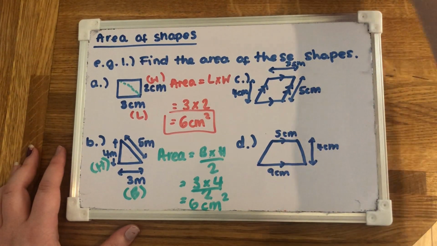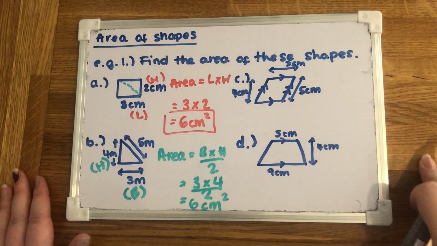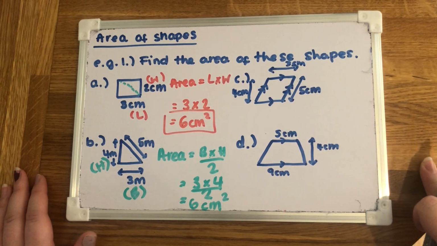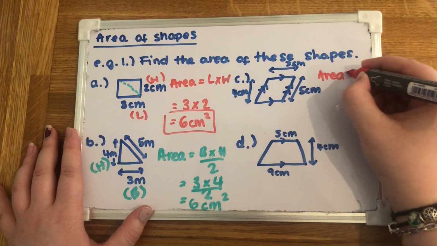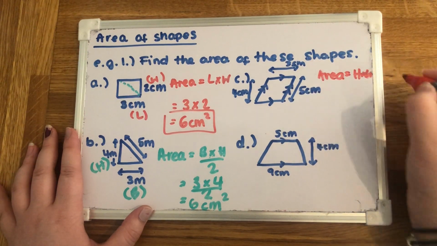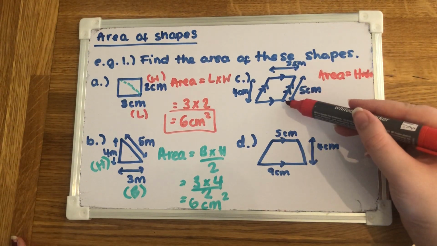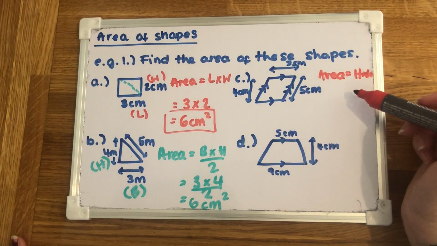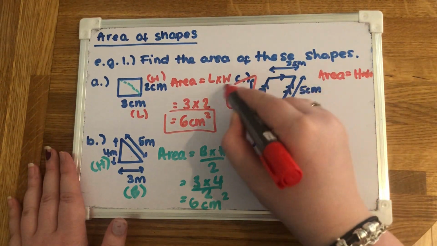Okay, the next shape we've got is a parallelogram. Now this is done very similar to a rectangle as well, so we're going to do the height multiplied by the width, so area, height times width, and again they try and trick you by giving you this slanty bit here. The height needs to be the vertical or perpendicular height, which is this one here.